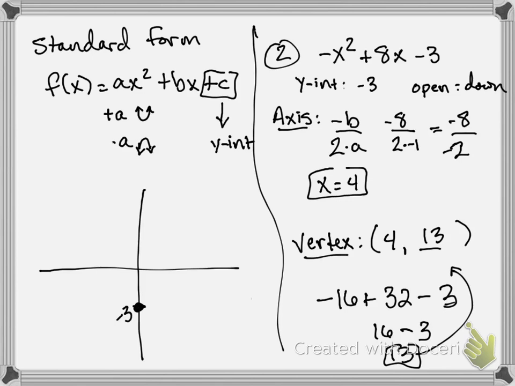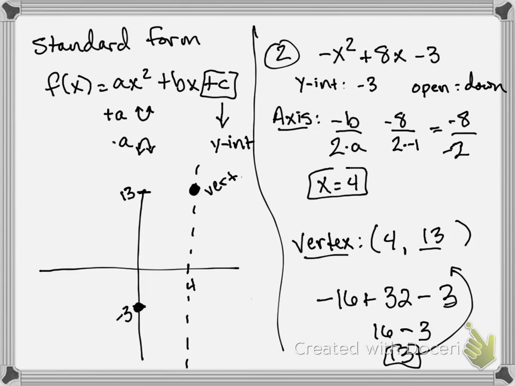x equals 4 is my axis, so I know over here at 4, I'm going to have something going on. That's actually the dotted line that runs through the middle. The vertex is at the point 4, 13. So over 4 and up 13, at that point, that's my vertex. This one goes down, we said, right?